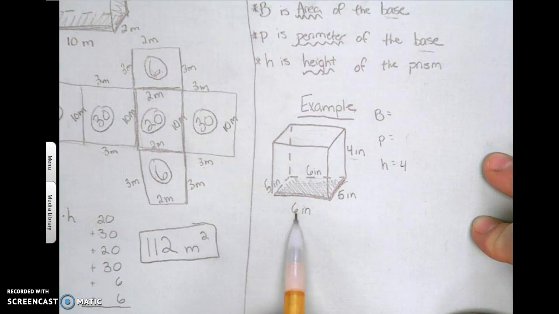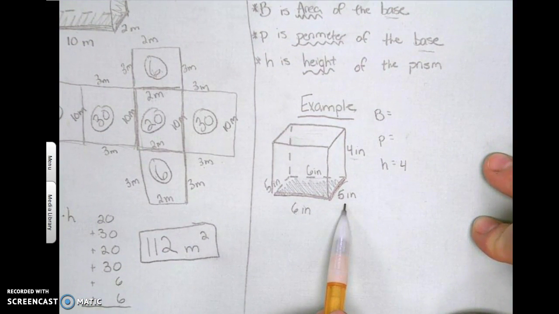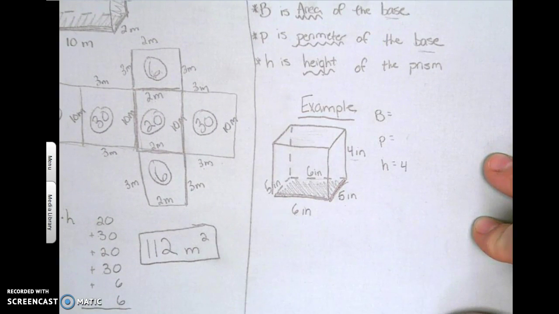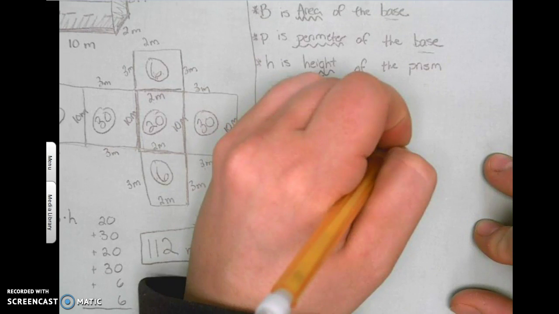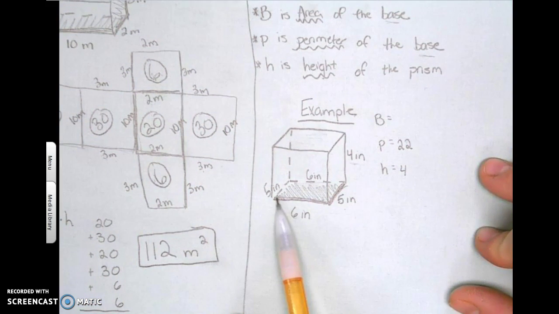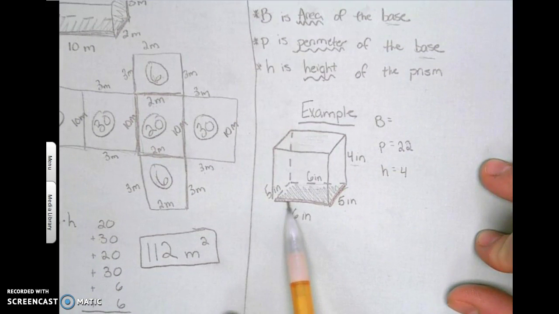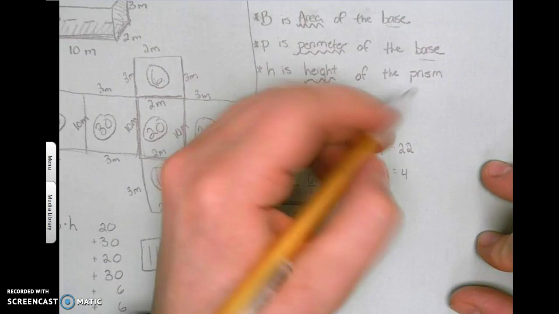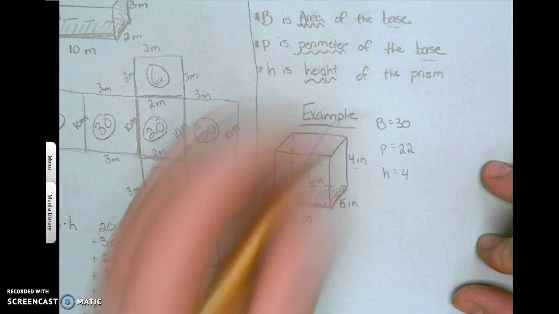So we're taking 6 plus 5, which is 11, plus 6, which is 17, plus 5, which is 22. So my perimeter is 22. And the area of the base is a rectangle. So we've got base times height. So 6 times 5, which is 30.